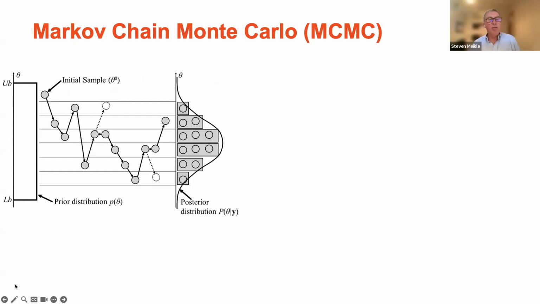So the most common and arguably the gold standard method is Markov chain Monte Carlo. This is basically a random walk algorithm. And I assume you can see my cursor here, but the idea is to take an initial sample from the prior distribution. So you might have a flat uniform prior for your particular model parameter.